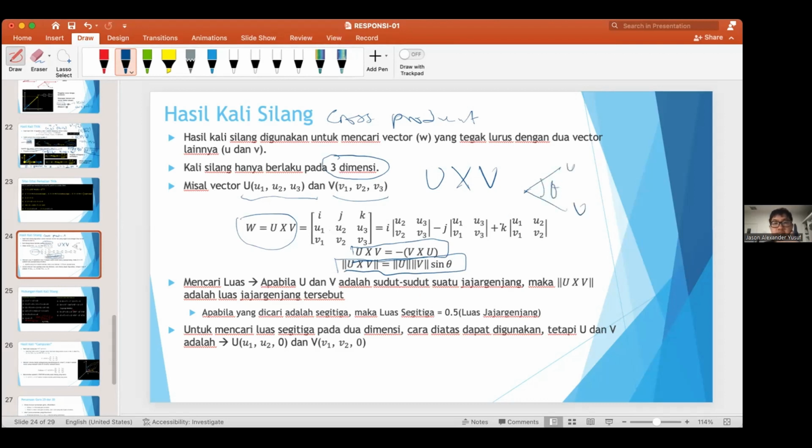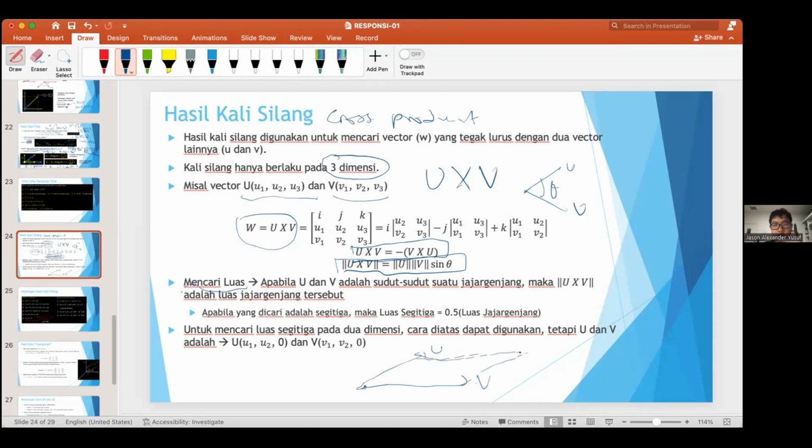Like that. And where do you apply it? It is to find the area. So basically, if u and v are connected together like this, they actually can form a parallelogram or jajar genjang.